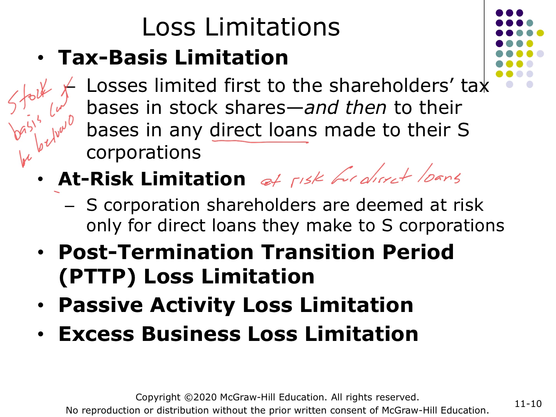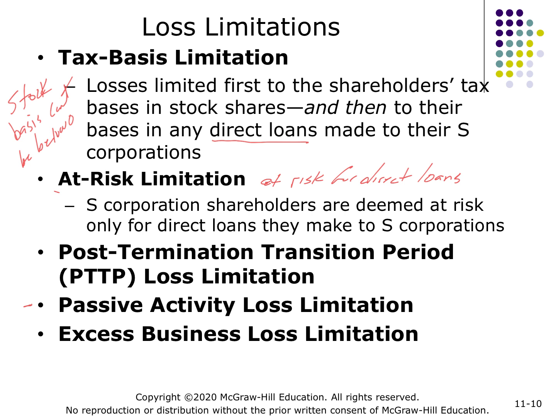This post-termination transition period loss limitation, let's talk about that for a minute. This rule allows your shareholders to create stock basis during this post-termination transition period and utilize suspended losses. If you aren't able to utilize your suspended losses during that period, they're lost.